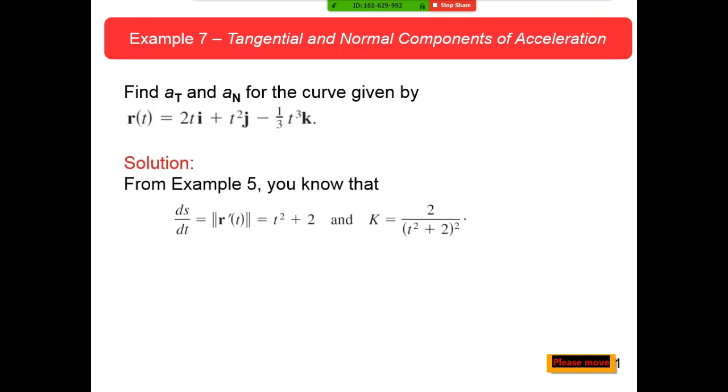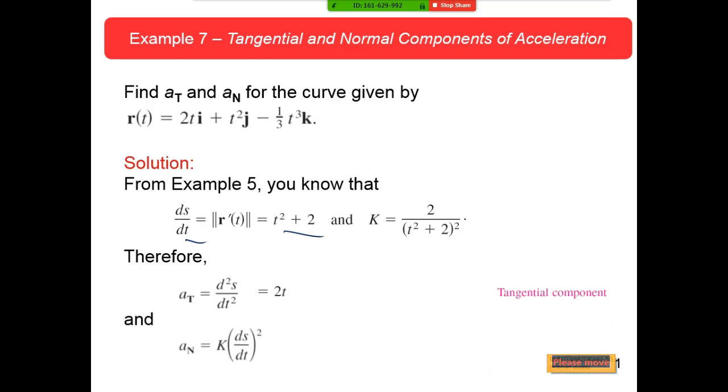And from example 5, that's all they did. They went to example 5 and it was pretty easy to do. We found out what r prime was, and then we took its magnitude and got t squared plus 2. And kappa, or capital K, was 2 over t squared plus 2 squared. Okay? Now, what you do to get a sub t is take the derivative of this one, which is 2t. Done. That's the tangential component.